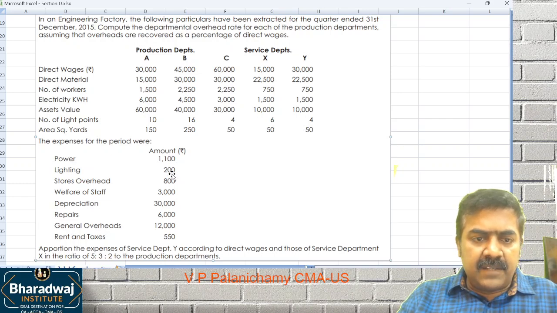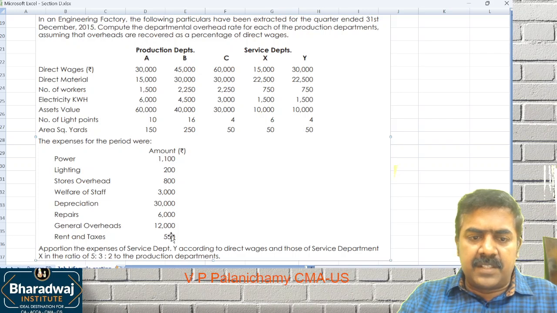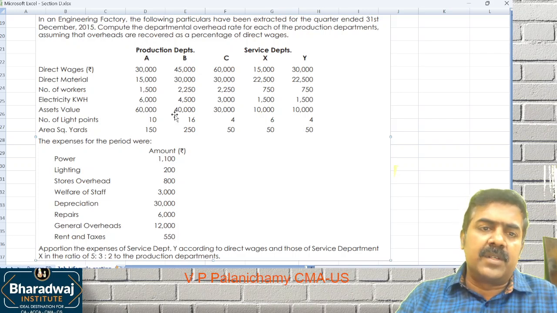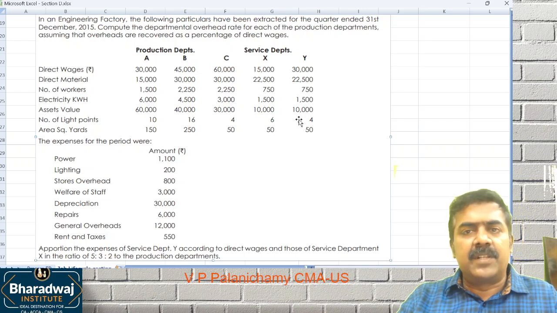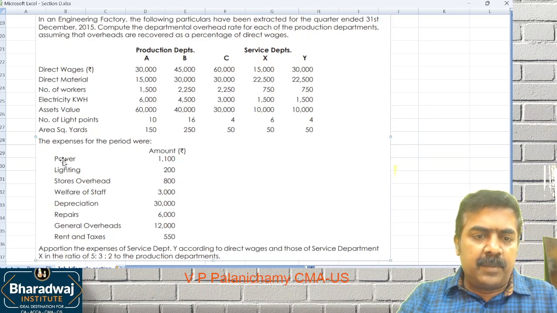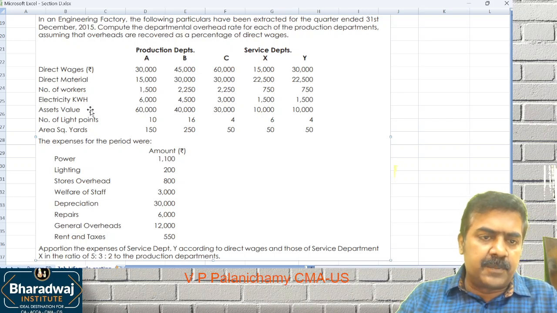Power and lighting, stores overheads, welfare of staff, depreciation, repairs, general overheads, rent and rates are given to us. These expenses have to be apportioned to various departments on a suitable basis. For example, power is based on which one? Horsepower of machines? Is horsepower of machines given?